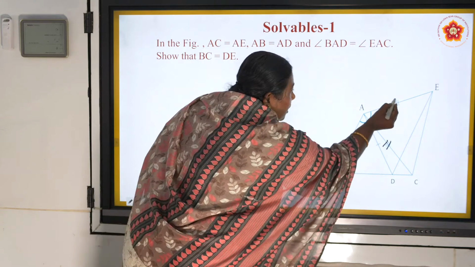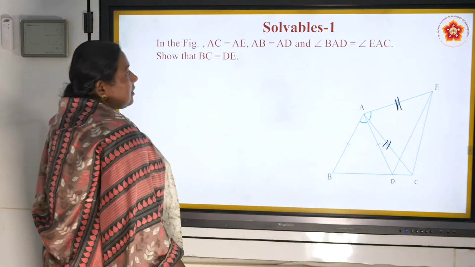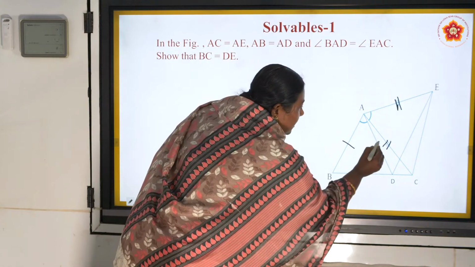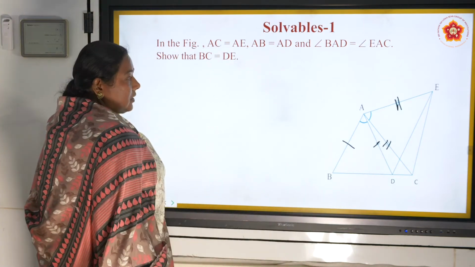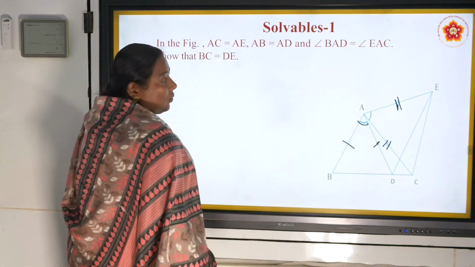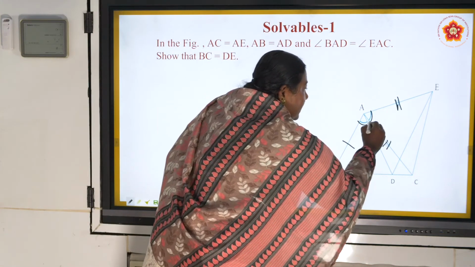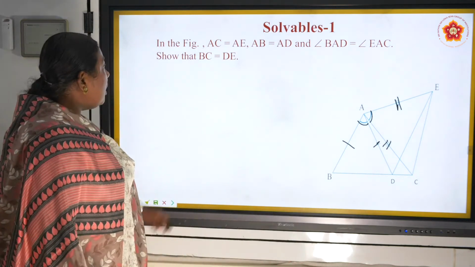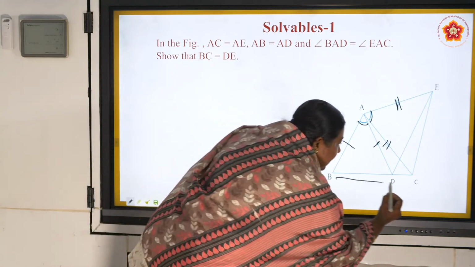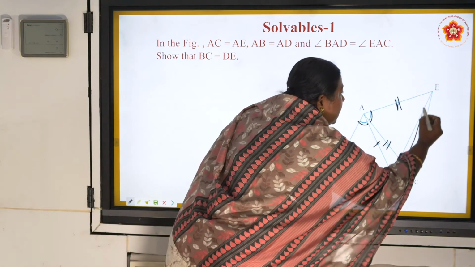Next, AB is equal to AD. Next, angle BAD is equal to angle EAC. I have to show BC is equal to DE.